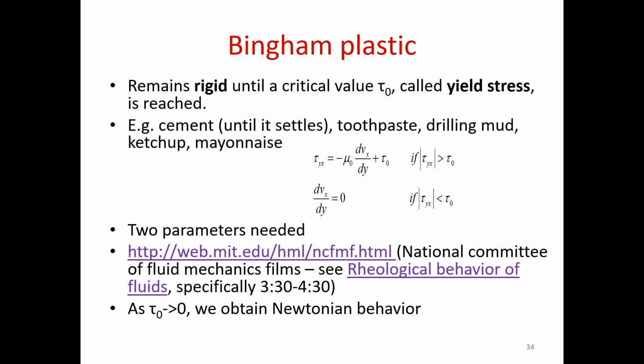How would you transform this to this form, and what is an eta? So I know that tau yx is, I'm going to write tau 0 minus mu 0, or plus, I'm just going to write it this way. Everybody agrees with this from that formula? Yeah? So then just take that gamma dot out.